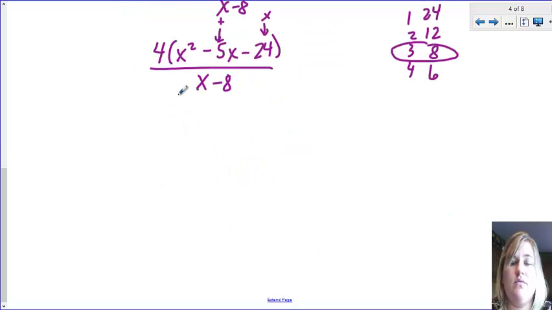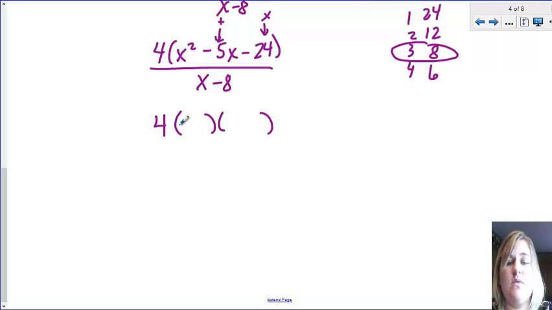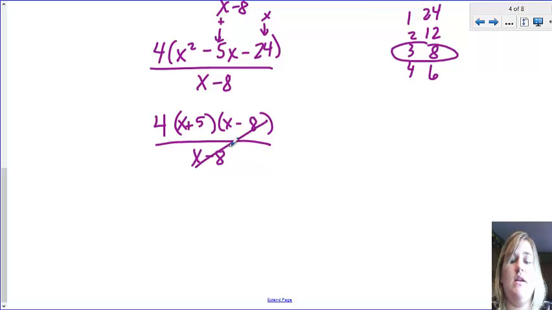So I have 4. I'm going to open up 2 sets of parentheses. My x squared is going to become x times x. Because I'm multiplying to get a negative here, I know I have to have a positive and a negative. And to get a negative 5, I want the larger number to be the negative, so 8 is going to be negative, and 5 will be positive, all over x minus 8, which means that these two quantities cancel, because they're exactly the same.